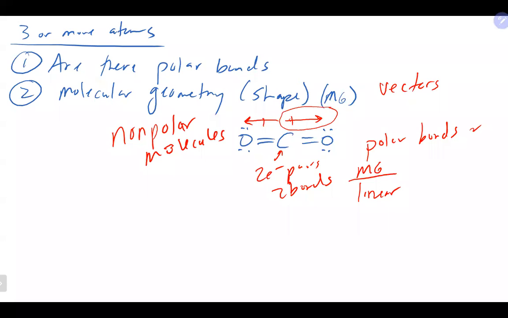Or like if you had a swinging door and 2 people on opposite sides pushing equally, the door is not going to go anywhere. They're going to cancel each other out. So anytime these are equal and opposite of each other, they actually cancel each other out and will result in a non-polar situation.